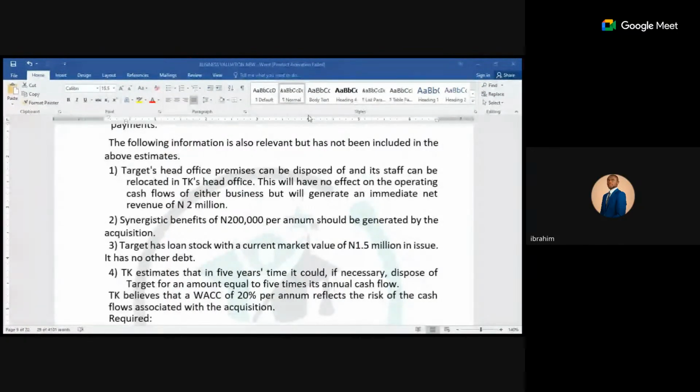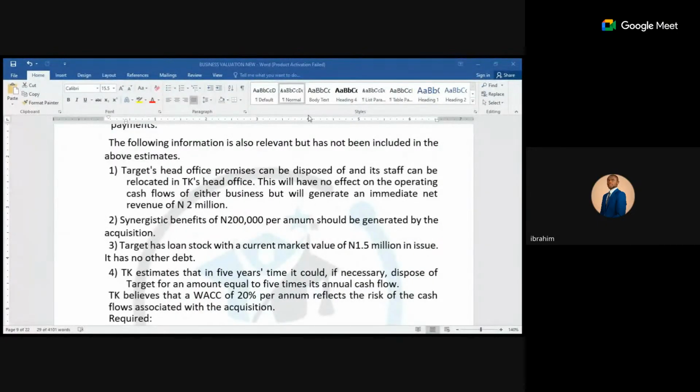Four, Target has loan stock with a current market value of 1.5 million in issue; it has no other debt. So there is a loan stock here. When you want to do your cash flow, your loan stock will not be part of it. It is not a cash item.